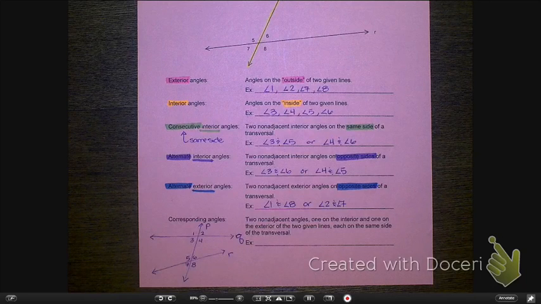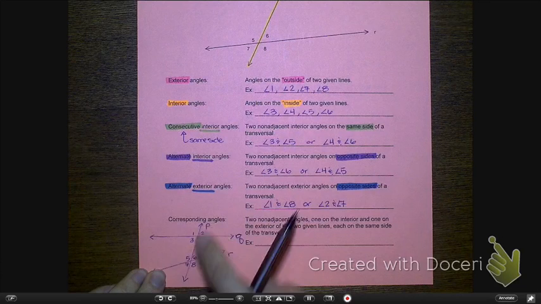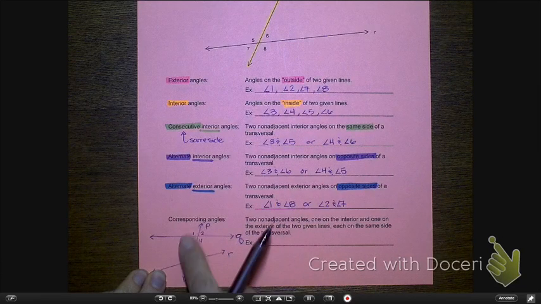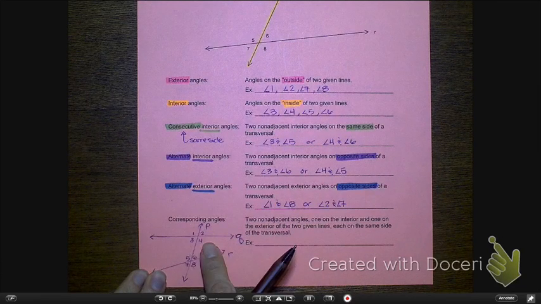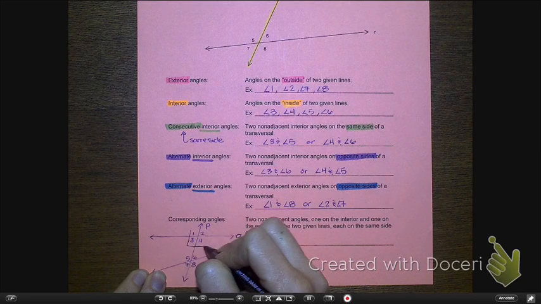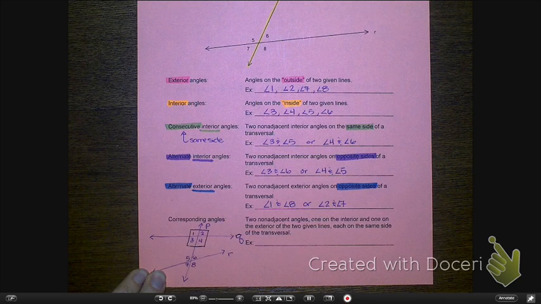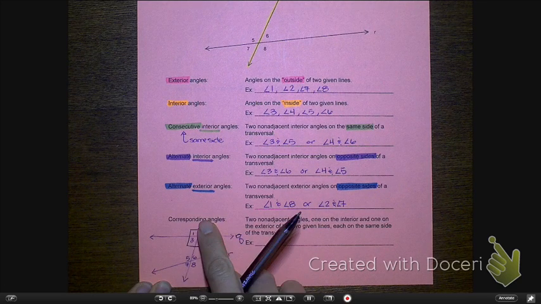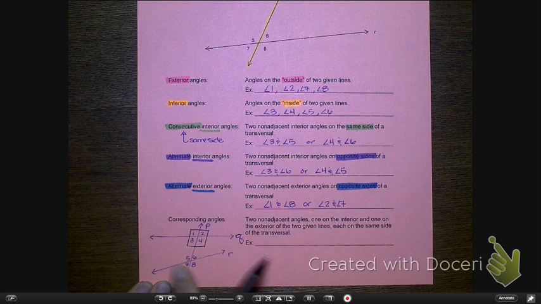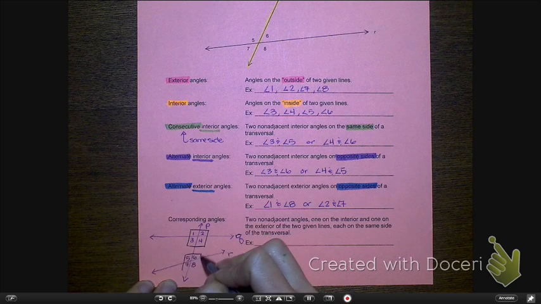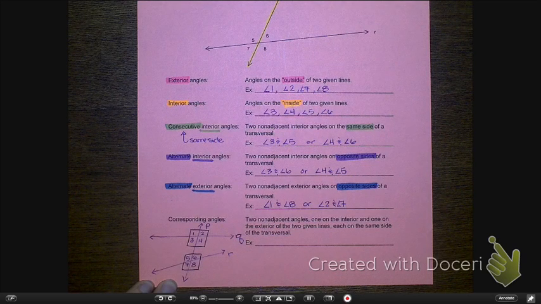Okay, now, do you guys have this drawn? When line P crosses with line Q, how many different angles are formed right here? 4. I want you to put a box around these 4 angles. Now when line R crosses with transversal P, how many different angles are formed here? 4. Okay, put a box around those.